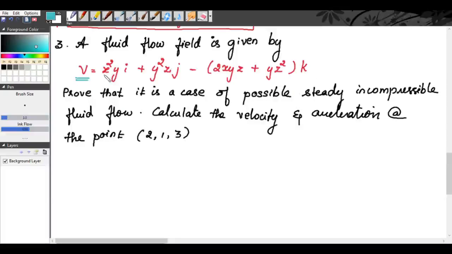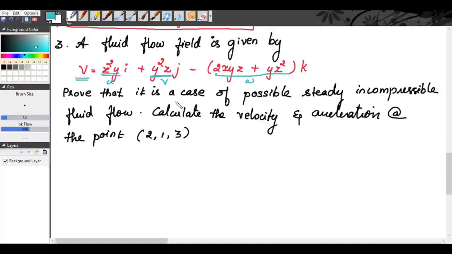That means x square y is your u, y square z is your v, and minus 2xyz minus yz square is your w.